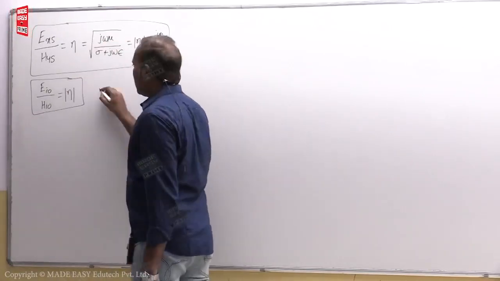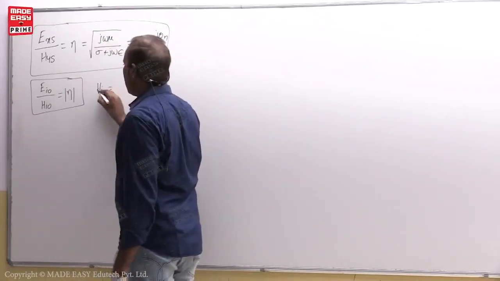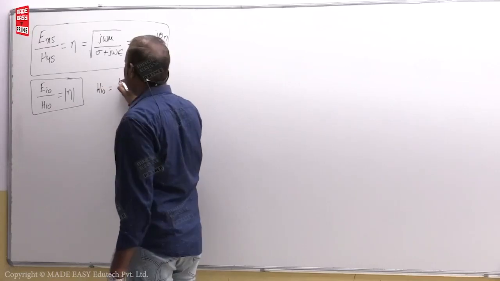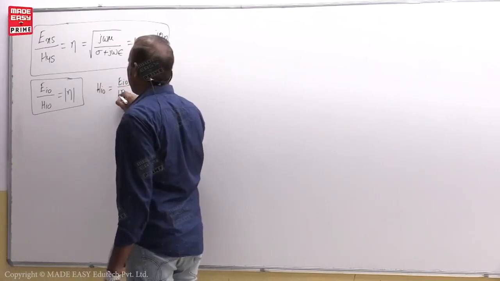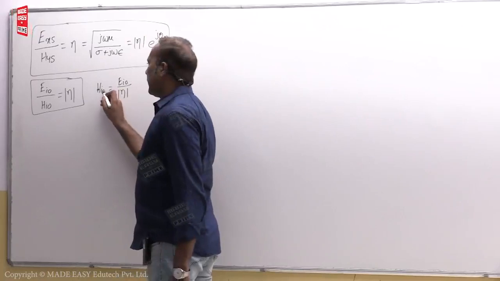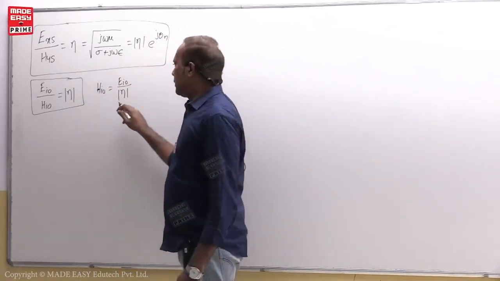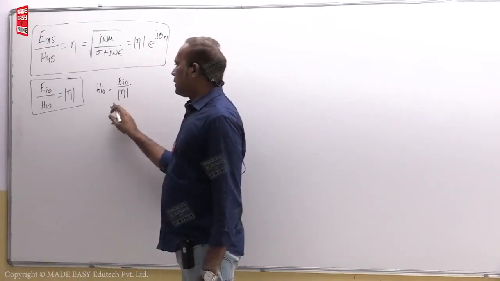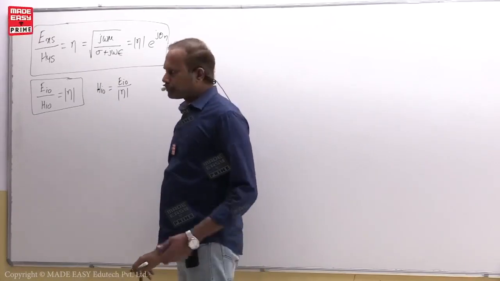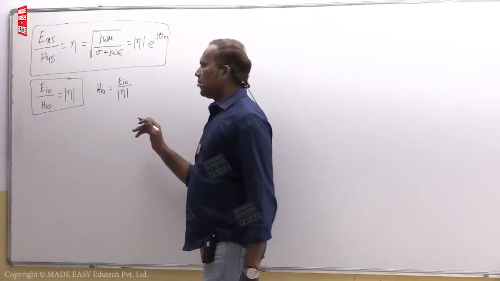So in that equation, I wrote that Ei0 by modulus of eta is Hi0. From this, Ei0 by Hi0 is equal to modulus of eta. It is like network theory.